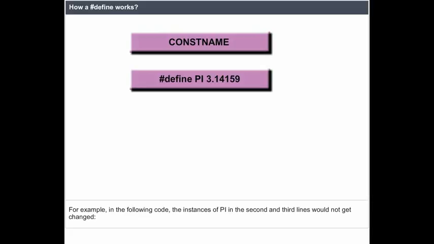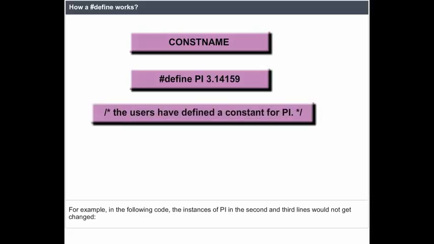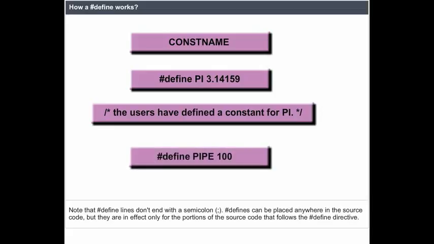For example, in the following code, the instances of pi in the second and third lines would not get changed. Note that #define lines don't end with a semicolon. #define can be placed anywhere in the source code, but they are in effect only for the portions of the source code that follow the #define directive.